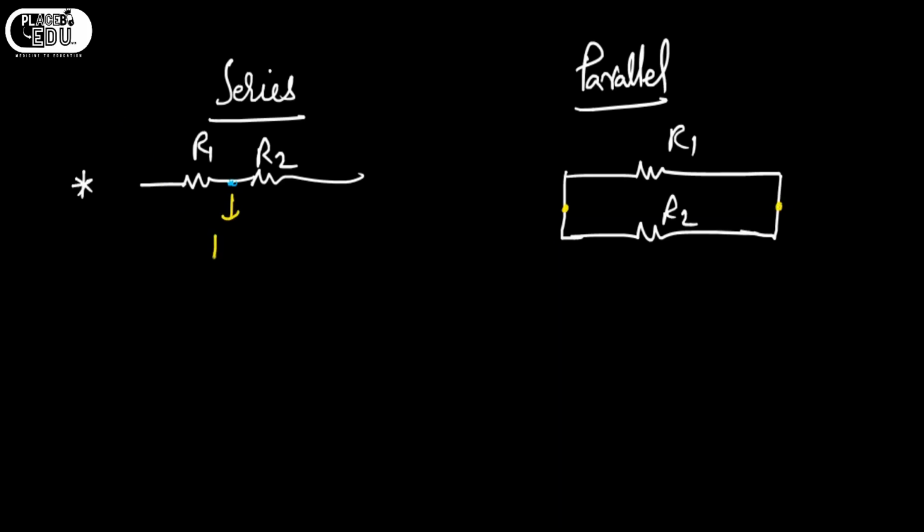That's one point. So this is one terminal, and for this is two terminals. This is a very important point. Whenever you see complex sums, we have to figure out which resistances are in parallel and which resistances are in series. For that, this rule will help us.